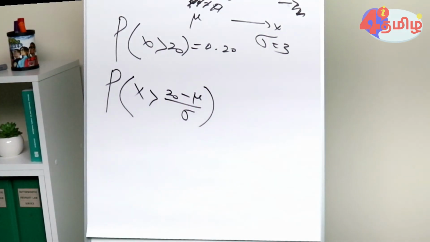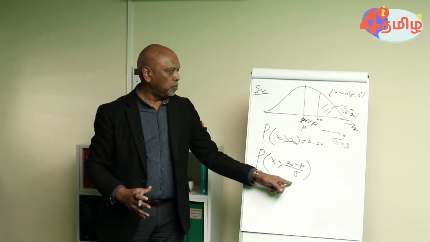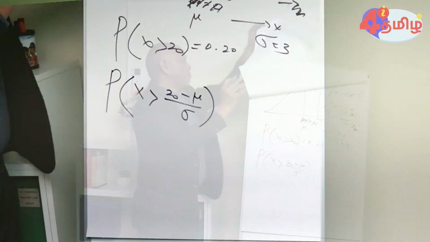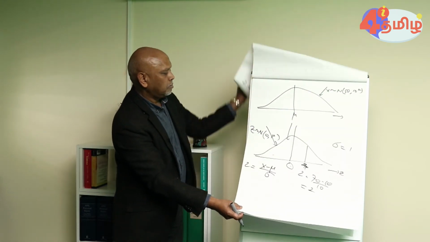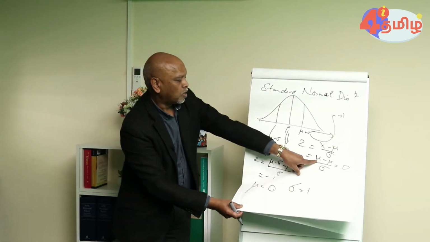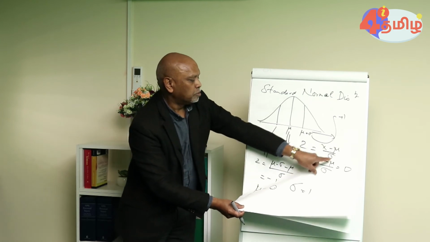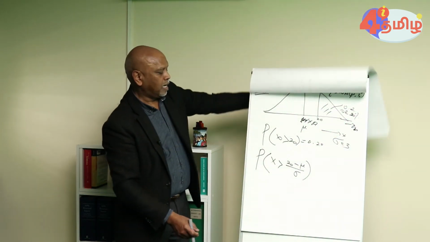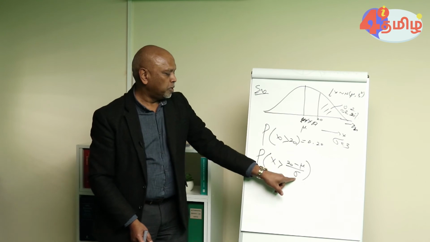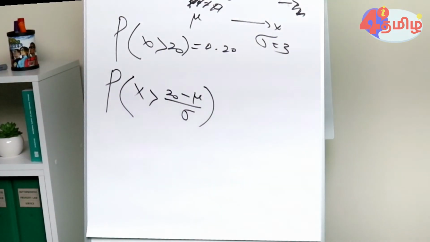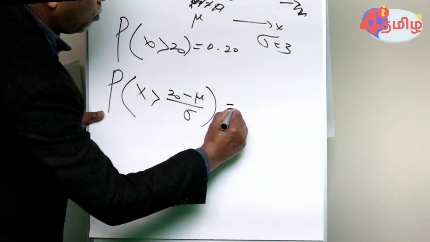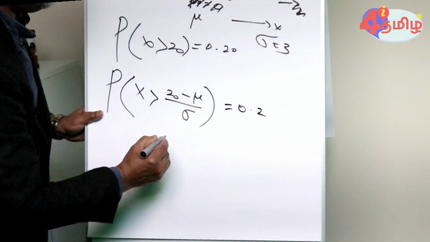That's always X minus mu over standard deviation, the coding. That is exactly what I'm doing. Mu we don't know, this one, 3, we know that. This is equal to 0.20.